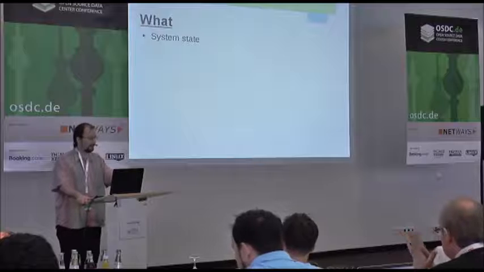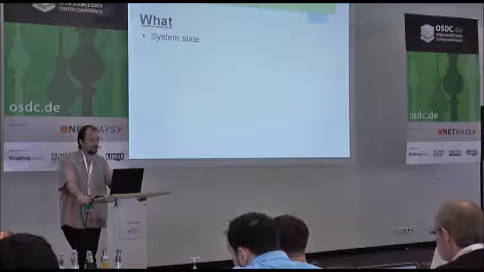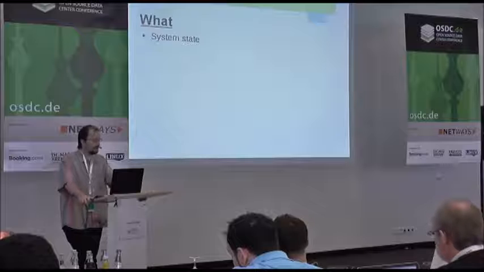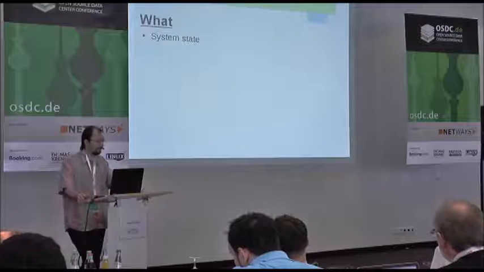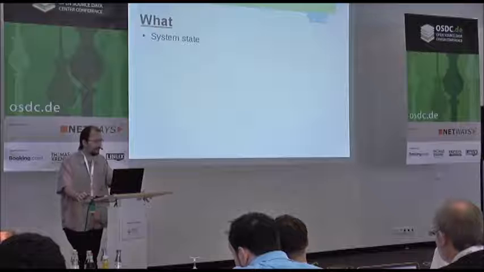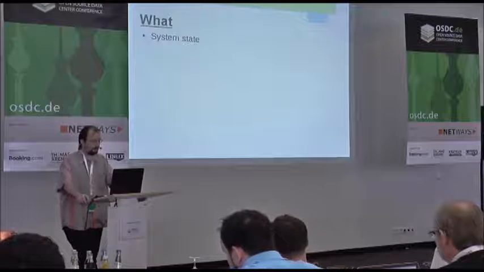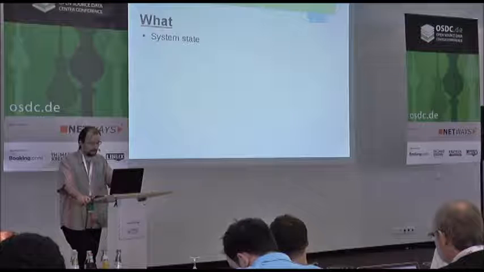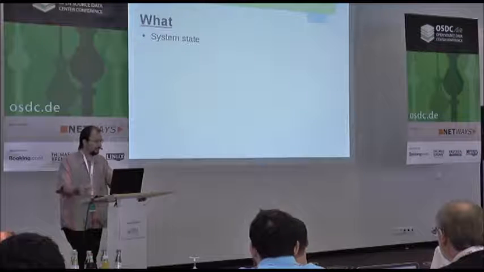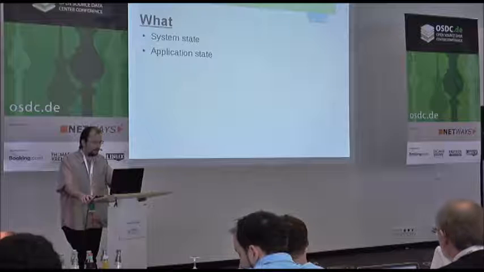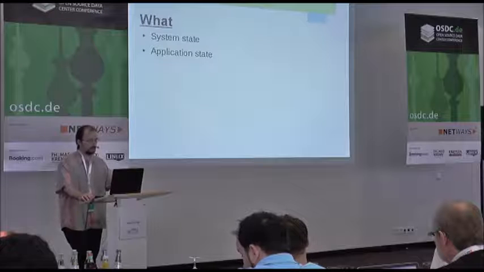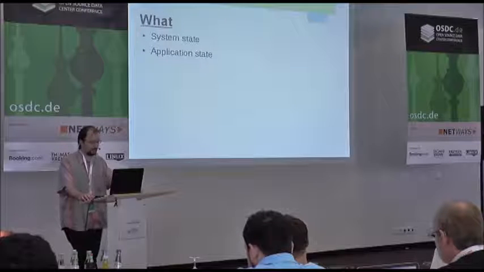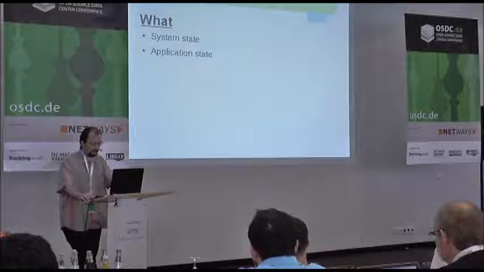We can, of course, monitor system state, such as hard disk space, network bandwidth, CPU usage, memory usage, the state of the RAID array, the number of virtual machines running, that kind of stuff. We can monitor application state, either from within the application or with an external program such as syslog-ng or Nagios.